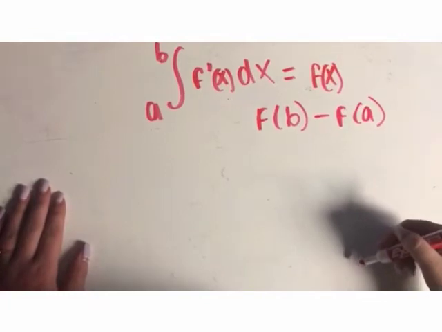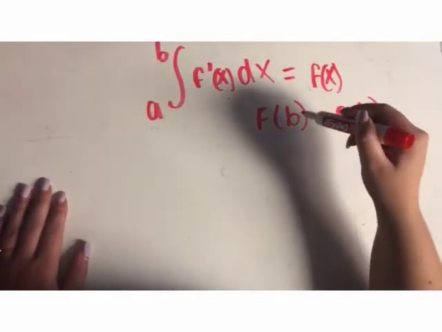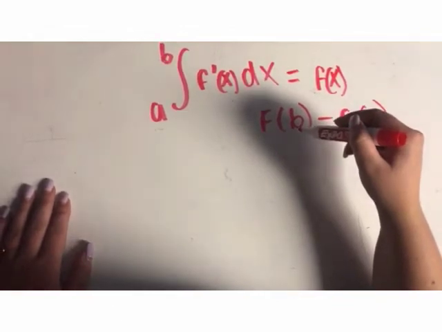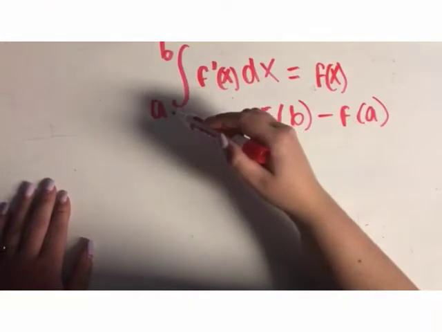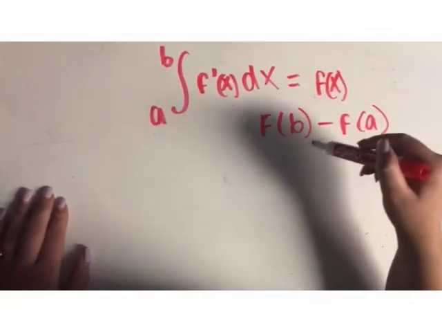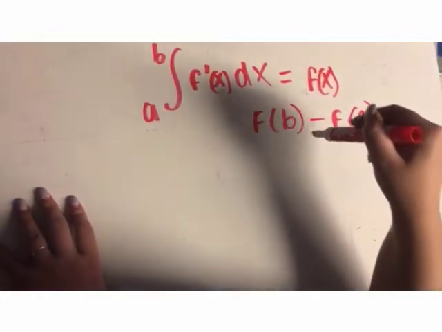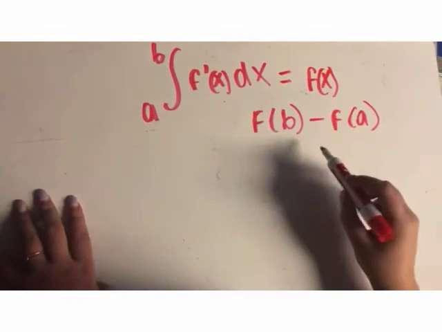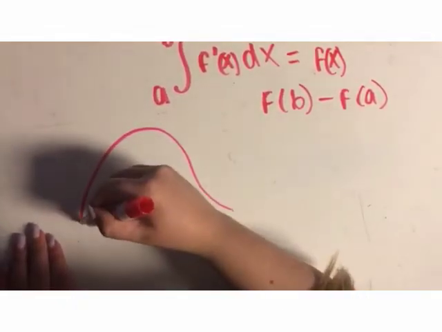Find f of b by plugging the b value, which is here, into the function and solving, and then do the same with the a value, which is found here. Next, subtract the value of f of a from the value found of f of b. The resulting number is the area under the entire curve from a to b.